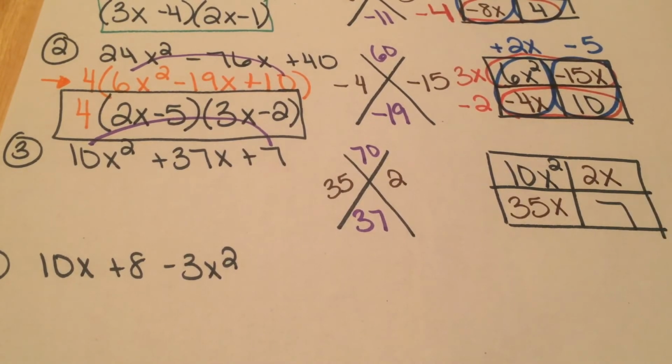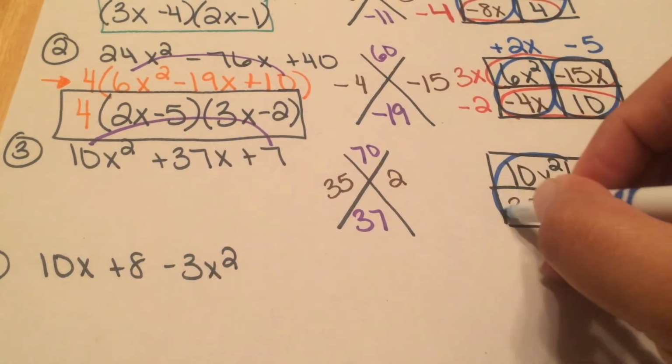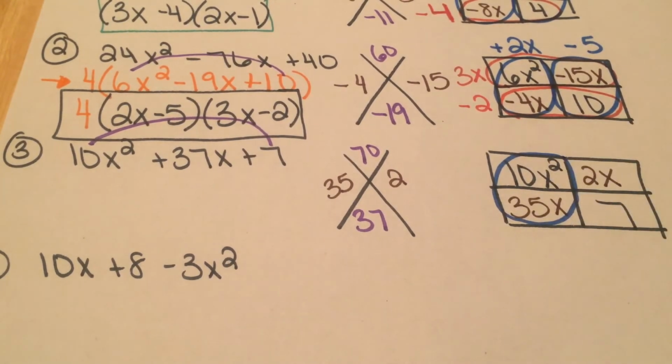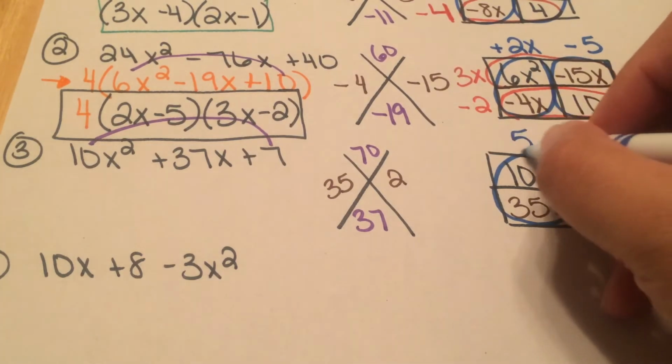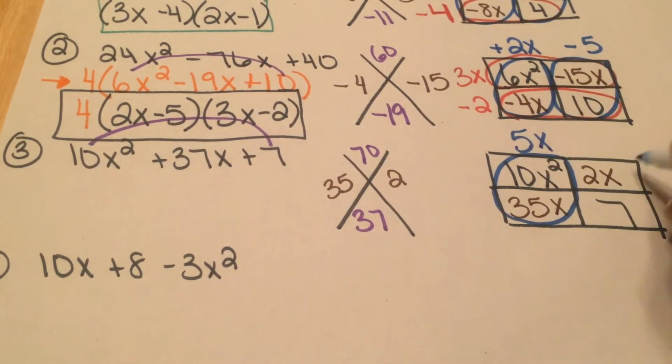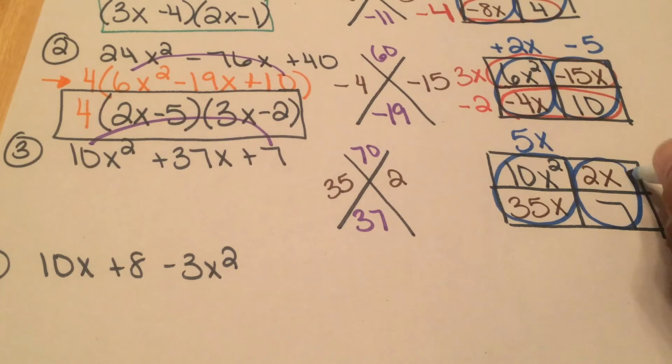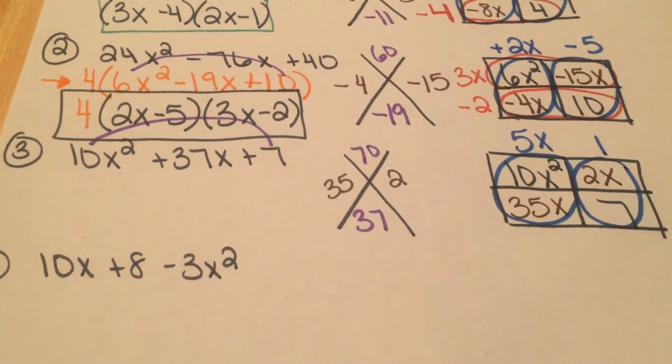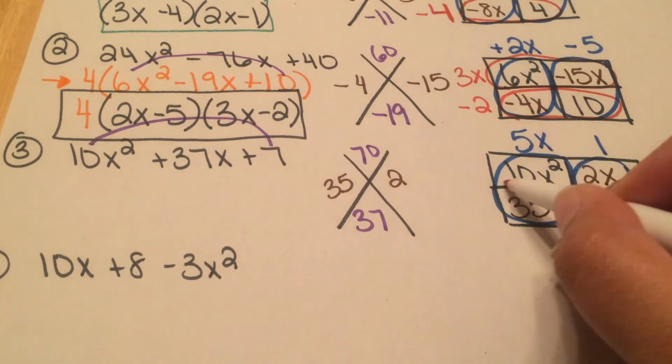And now we can go ahead and find some GCFs. So the GCF between 10x squared and 35 is going to be 5x. The GCF between 2x and 7 is going to be 1. Remember, when they don't have anything in common, they always at least have a 1 in common.